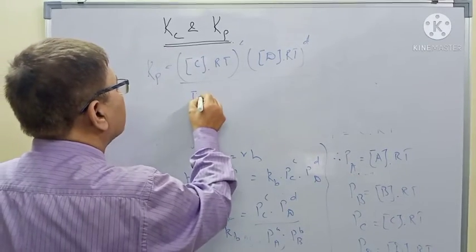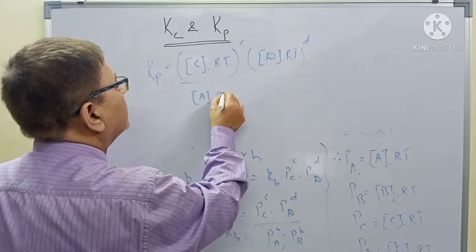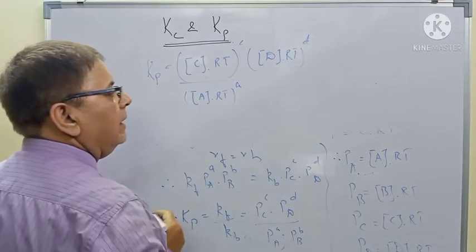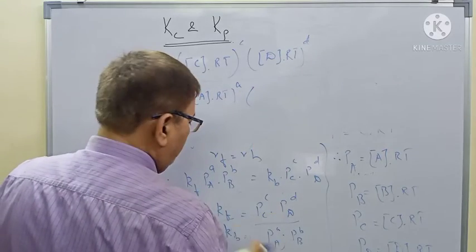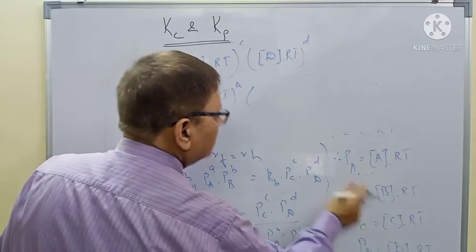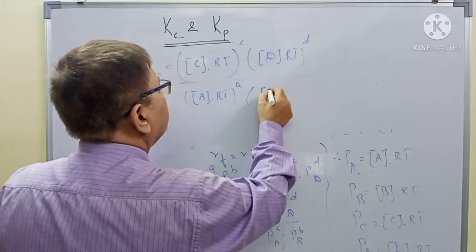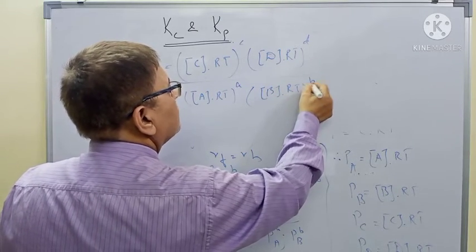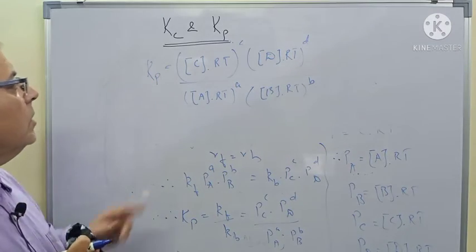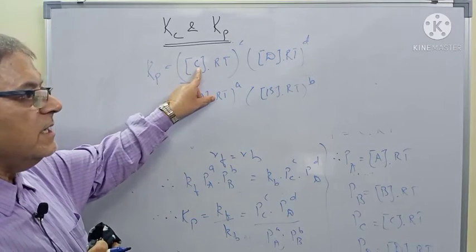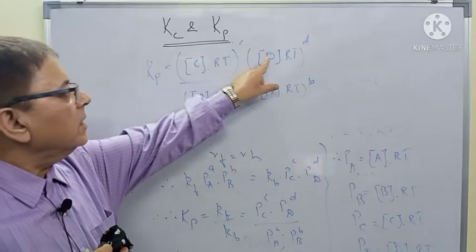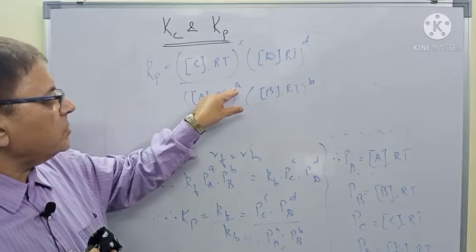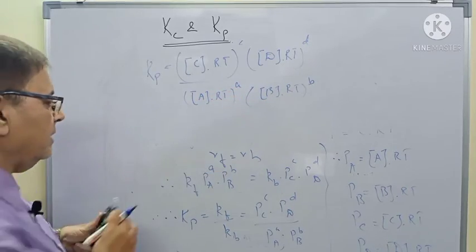Concentration of the gas A into RT, the whole raised to small a. And then partial pressure of the gas B is concentration of B into RT, the whole raised to small b. So this will become concentration of C raised to c into concentration of D raised to d, concentration of A raised to a, and concentration of B raised to b.